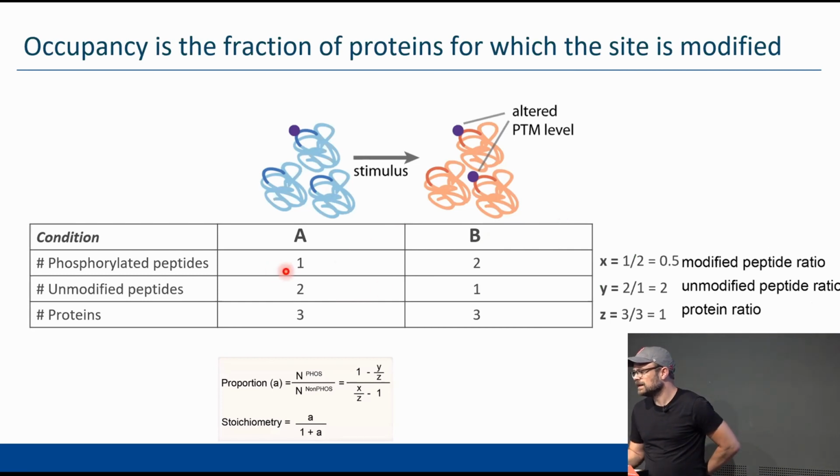From these rows, the ratios are calculated. They're called X, Y, and Z, the ratio of the proteins.